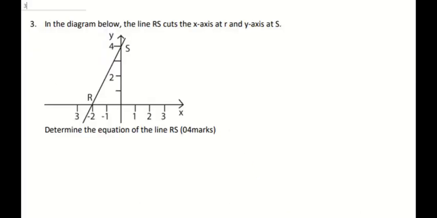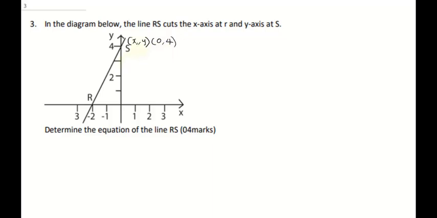Question 3 says, in the diagram below, the line ROS cuts the x-axis at R and y-axis at S. Determine the equation of the line ROS. Now, notice the points at which it cuts: at S, x is 0 and y is 4.